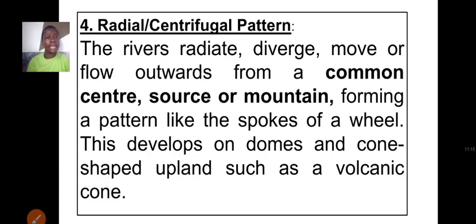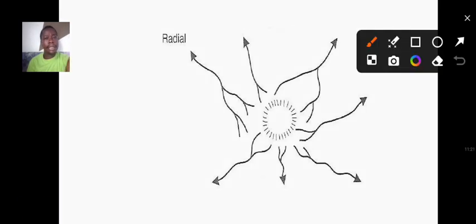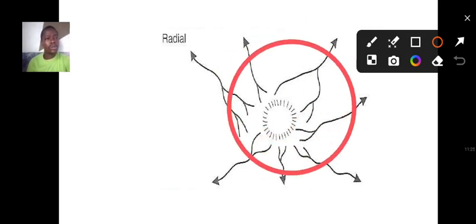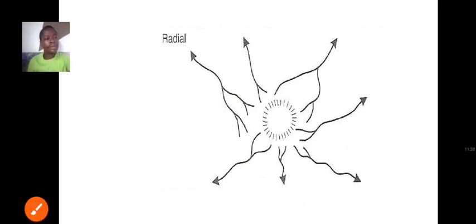That is what is called the radial or centrifugal pattern. So this is what I want to show you. That is the radial pattern. Let's continue.